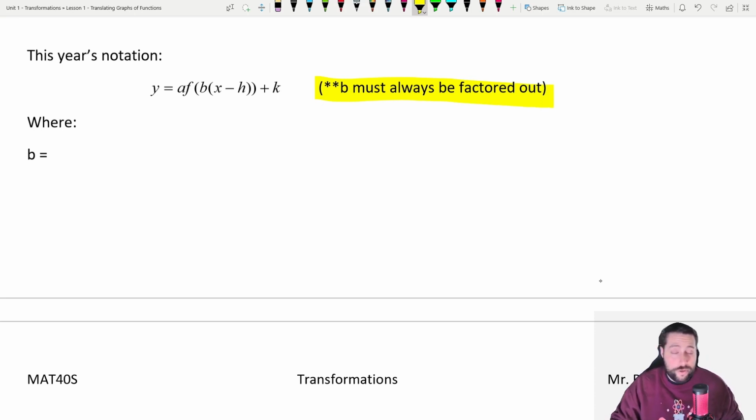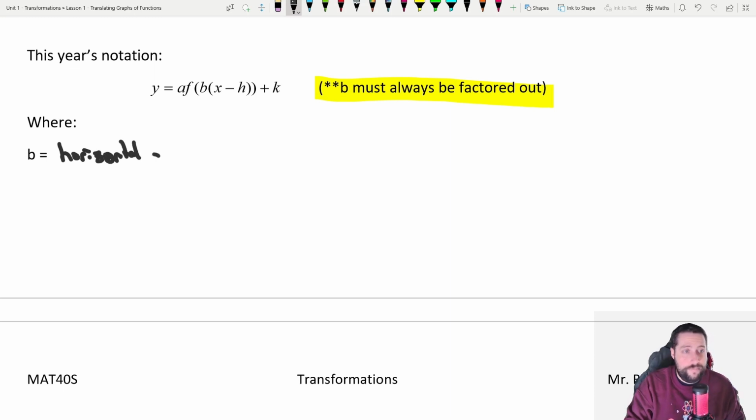Whether you're doing transformations for this unit or the other units, your b value must always be factored out. And essentially, b is going to be your horizontal stretch. That's what b will represent.